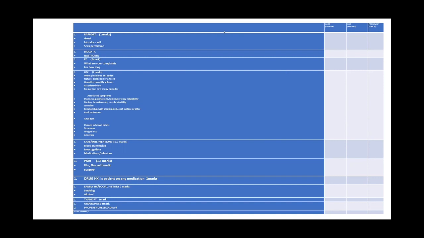Then the presenting complaint and the duration. What are your complaints, or what brought you to the hospital? Don't make a mistake of saying, because you are told that the patient has hematochezia, she's a market woman, for example, or a market man, you now say, I was told you have hematochezia.